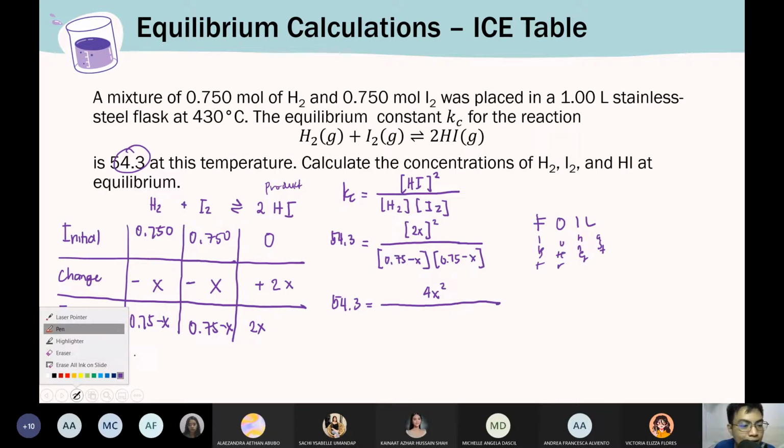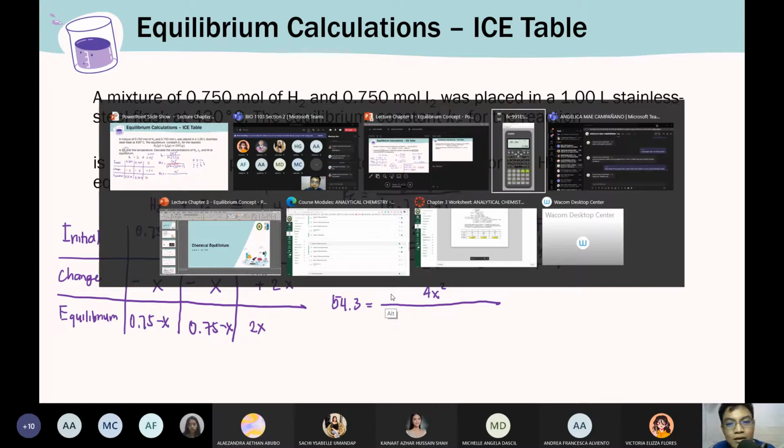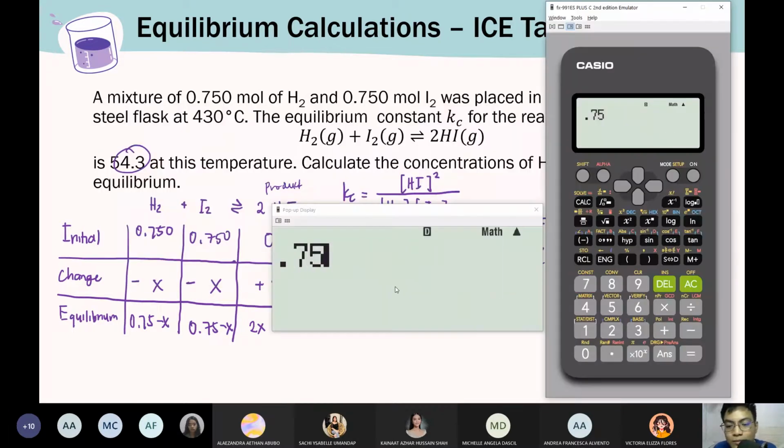Now, let's do the FOIL method. I'll use a different color. Okay, so first, F first. So that's 0.75 times 0.75. Okay, so 0.75, 0.75, 5625.